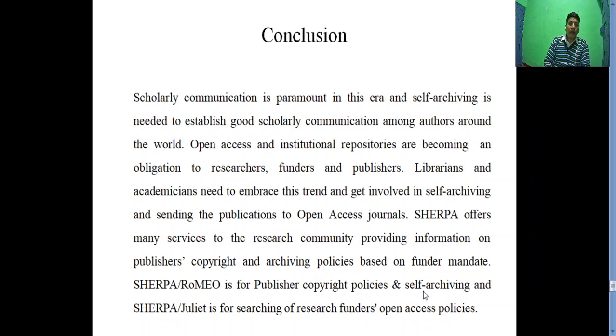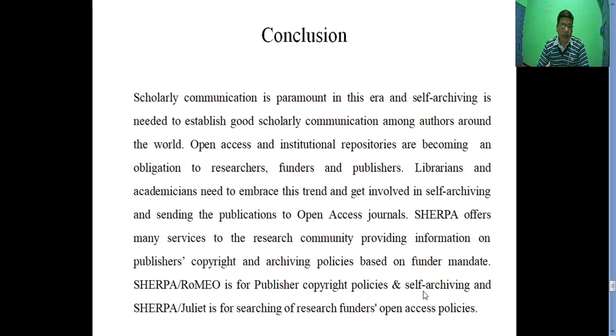Scholarly communication is paramount in this era, and self-archiving is needed to establish good scholarly communication among authors around the world. Open access and institutional repositories are becoming an obligation to researchers, funders, and publishers. Librarians and academicians need to embrace this trend and get involved in self-archiving and sending publications to open access journals.